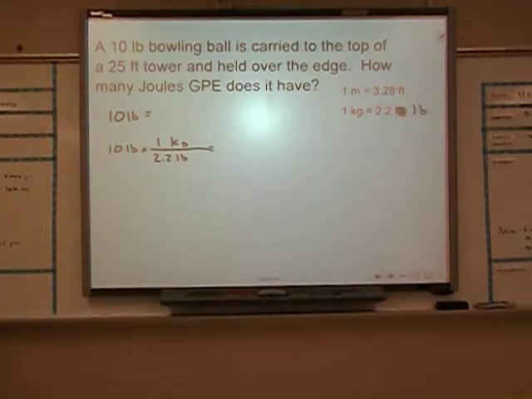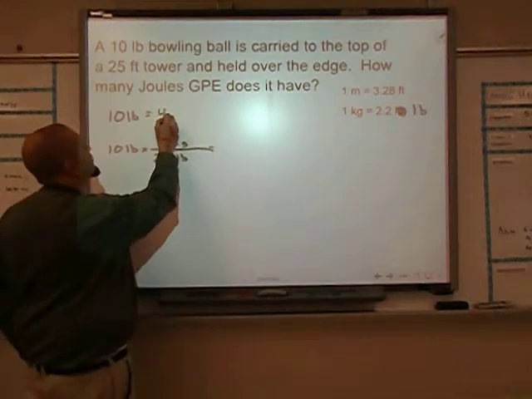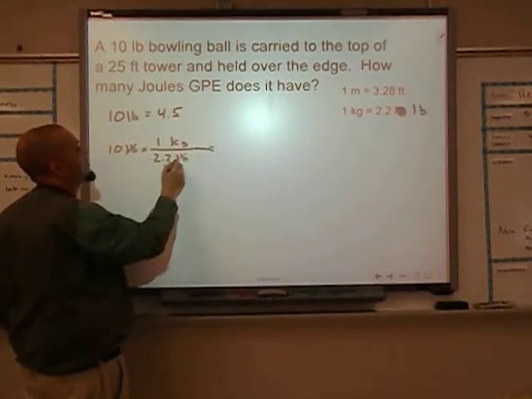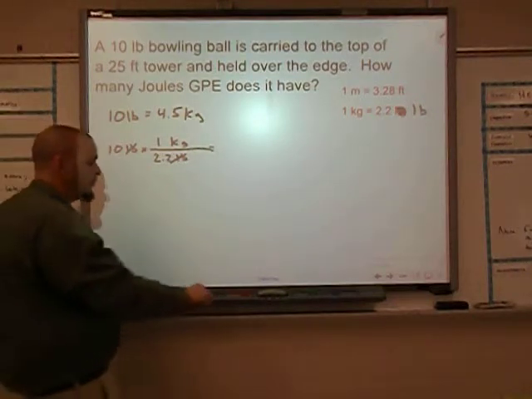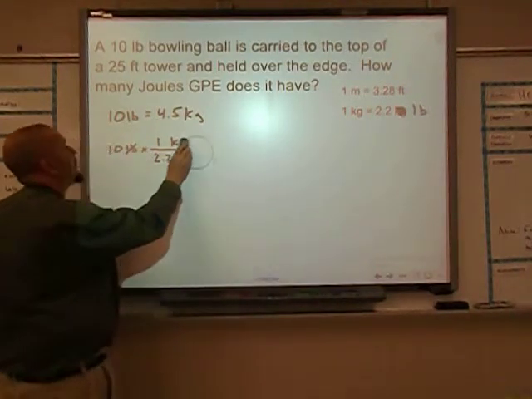If it ends up on the top, we multiply by it. If it ends up on the bottom, we divide by it. It ended up on the bottom, so this is 10 divided by 2.2. That's 4.5454 repeating. We're just going to round it to 4.5. Pounds cancel out, and that would be kilograms, which is what we need. This process is called dimensional analysis.